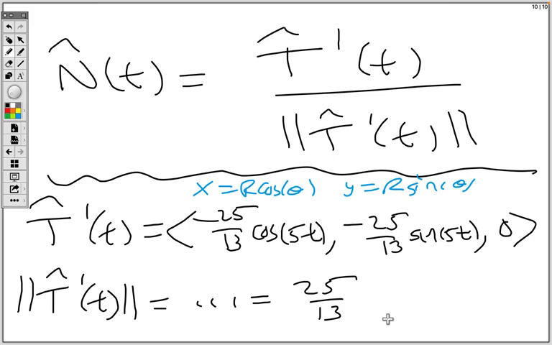And so to get n hat, I need to take t hat prime divided by its length. I would take that vector and divide by 25/13, which means I'd multiply each component by 13/25.